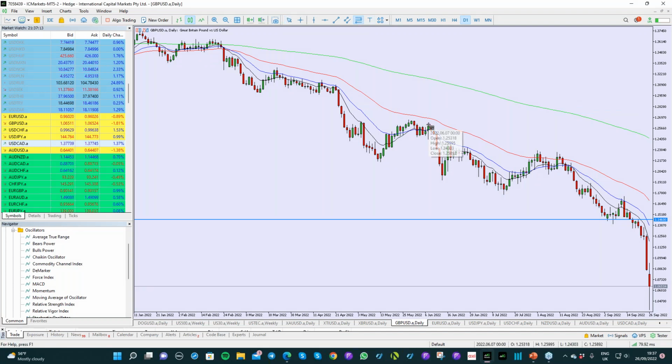Let's just do the Fibonacci on here. So that gives me an area to look at between around the 38.2 and the 61.8 area. The moving averages give me that area and suggest that the 61.8 is in confluence with that area. So that might be where I might be looking for that pullback to end.